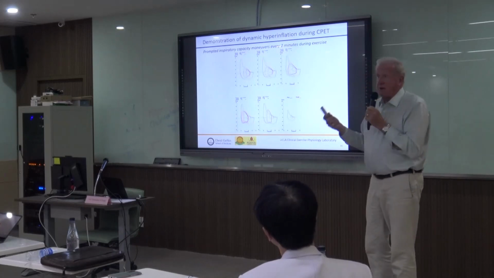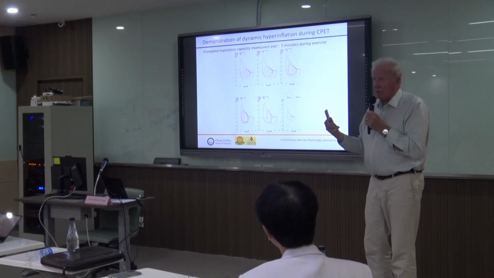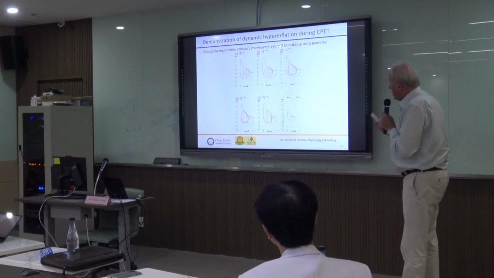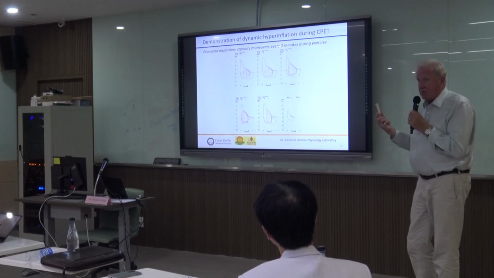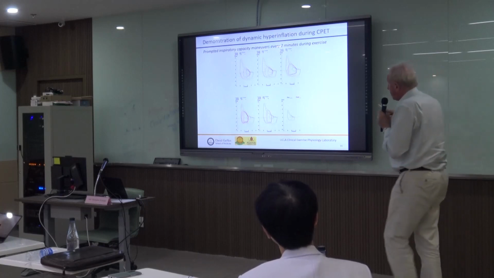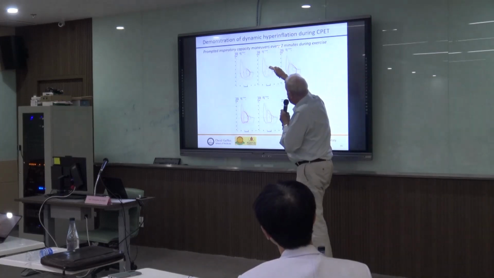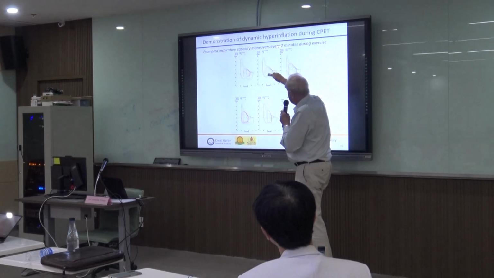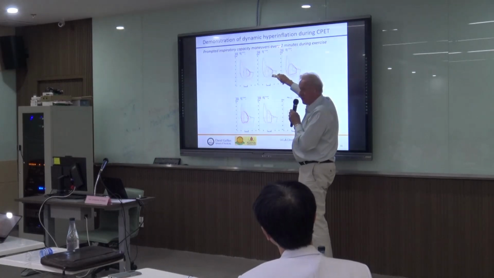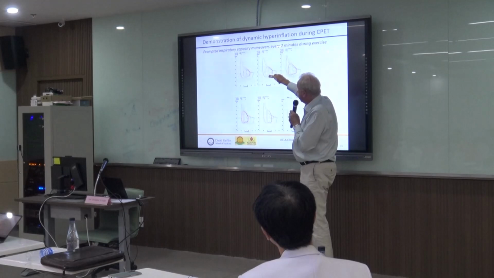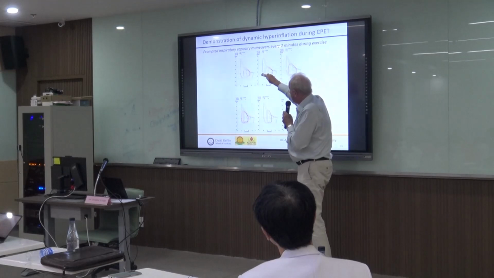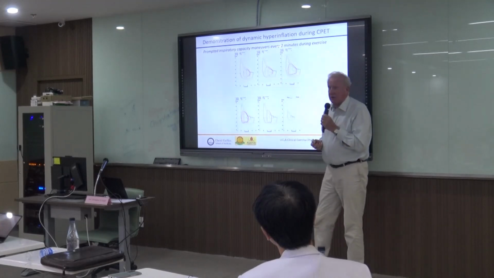So every 2 minutes during a test, and your equipment will allow you to do this, you switch to an intra-breath IC maneuver. You can watch the tidal flow volume curves like this, and then you can say to the patient, on your next breath, breathe all the way in to total lung capacity.